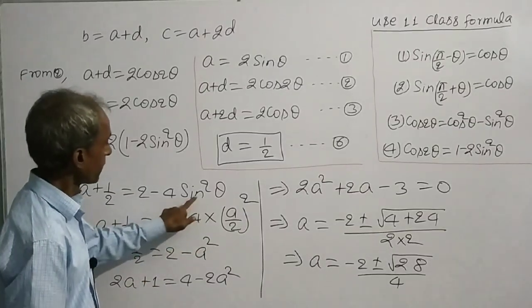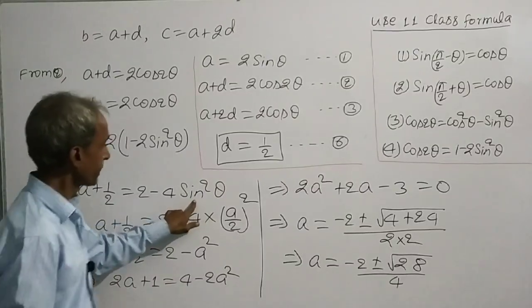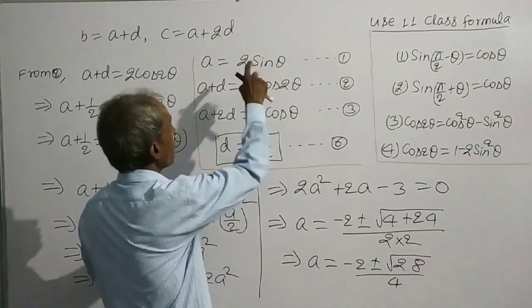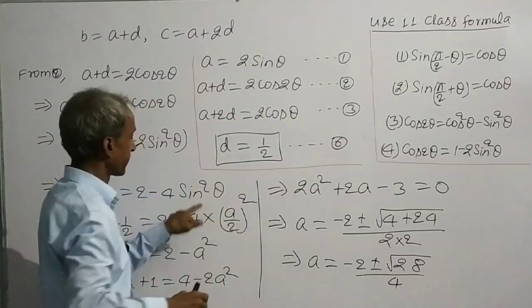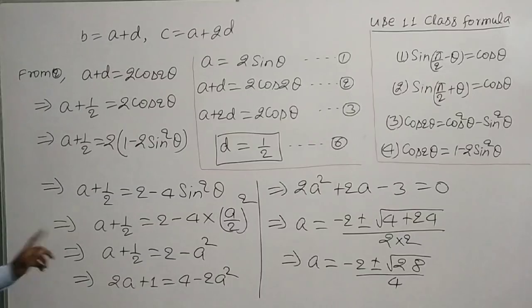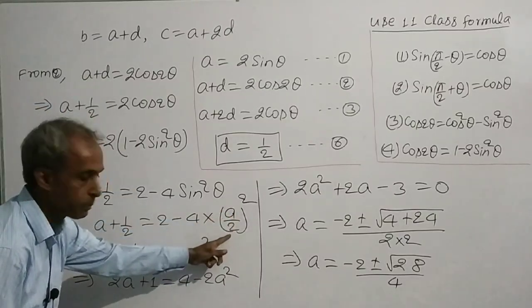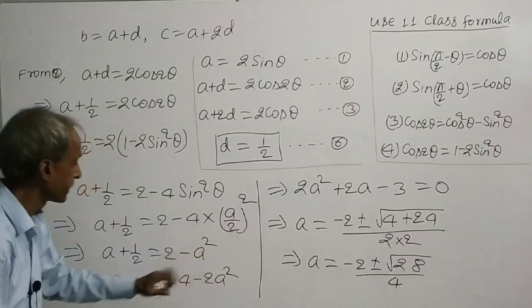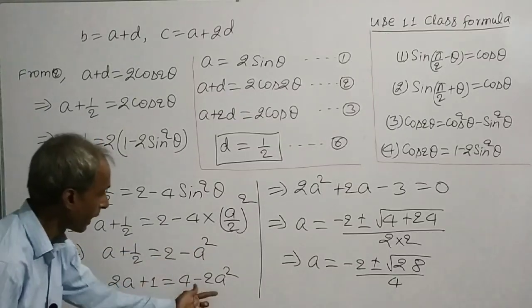Here, in place of sin theta, we write a by 2, since a by 2 is equal to sin theta. Now this 2 square will be 4 and the 4 will cancel out. Now we multiply both sides by 2 and get this.